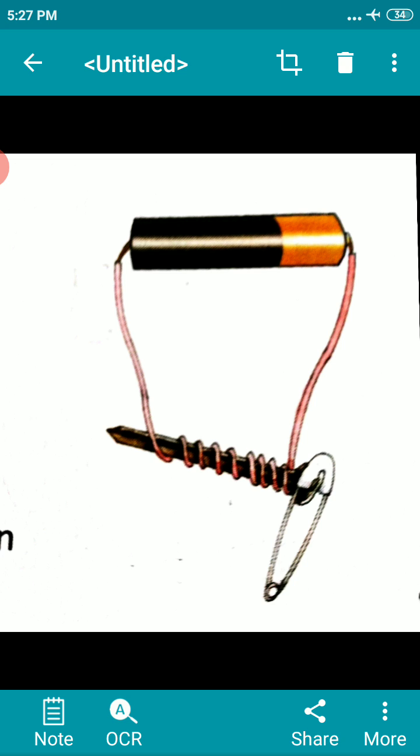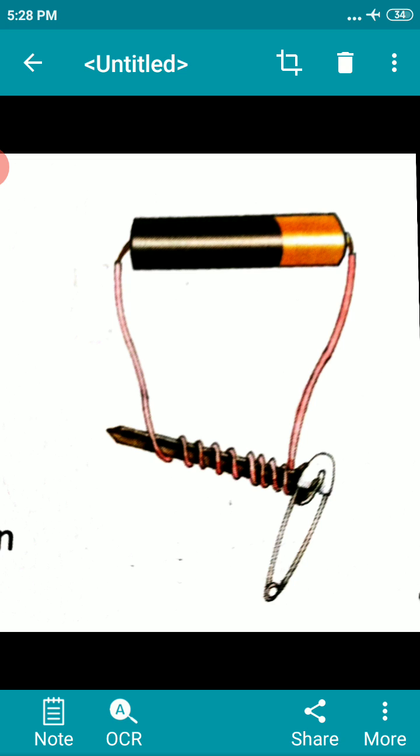As a result, the small pins cling to the end of the nail. When electric current is switched off, the coil generally loses its magnetism and so the small pins fall off the nail. So we can say when the electric current flows through the coil of an insulated copper wire wound around the iron nail, it behaves like a magnet.